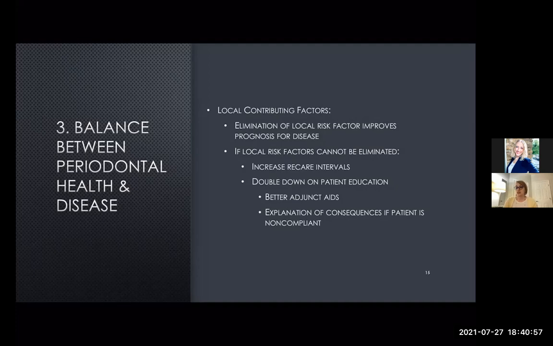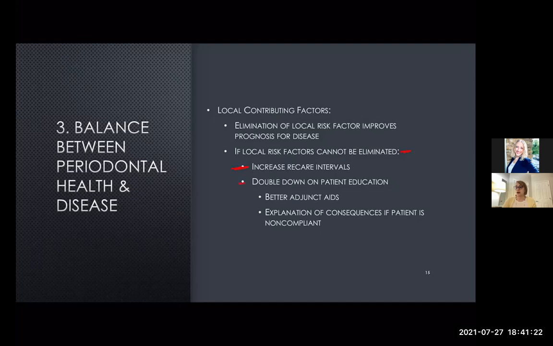If those risk factors cannot be eliminated, and remember we were talking about overhanging restorations, poorly contoured crowns, anything that's retaining plaque biofilm, those local risk factors, we have to increase their recare interval. So instead of 6 months, we'll go to 4 months or even 3 months.